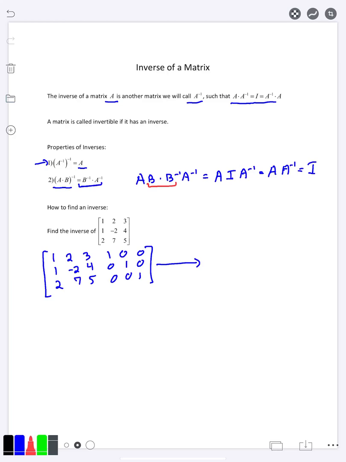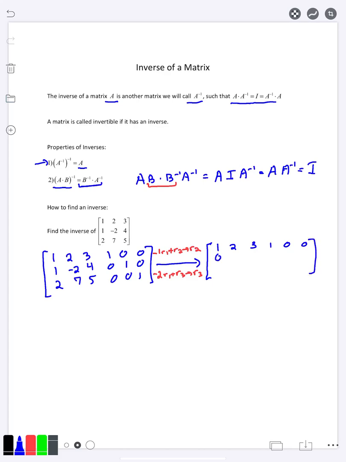So we can do that here. I want to do negative 1 row 1 plus row 2 goes to row 2, and negative 2 row 1 plus row 3 goes to row 3. And let's see what we get here. The first row is not going to change this time.